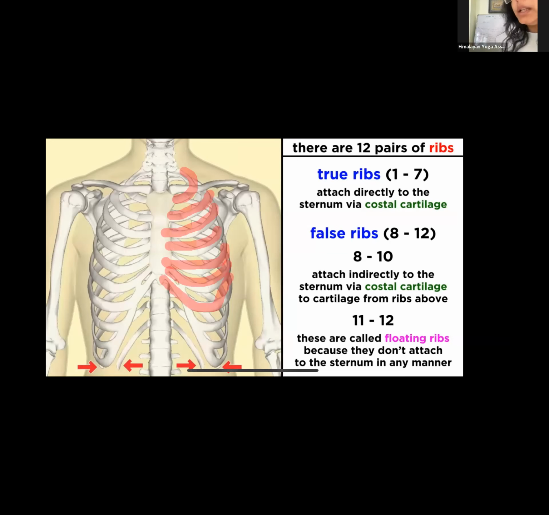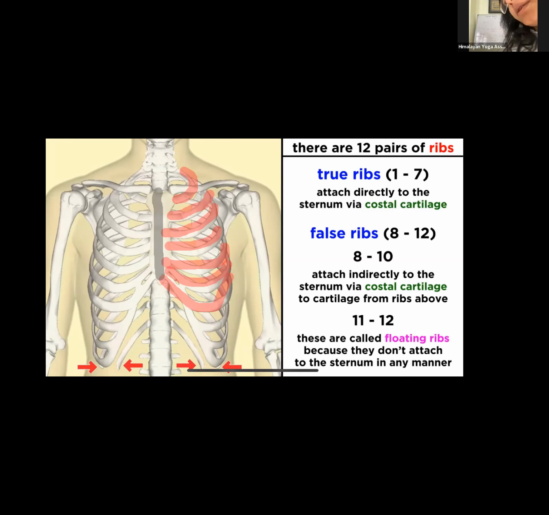You see they are connected direct to the sternum. And what is sternum? This is sternum. Okay.